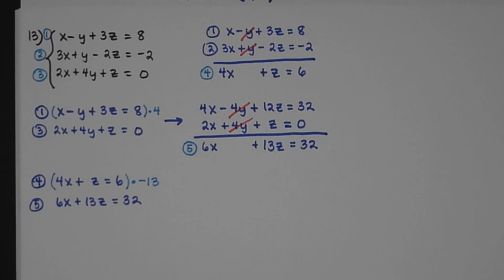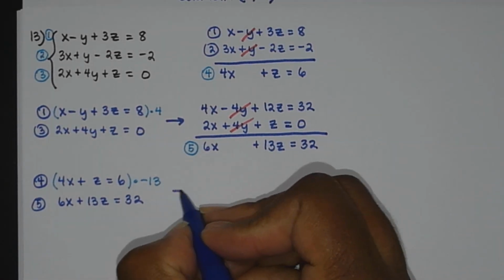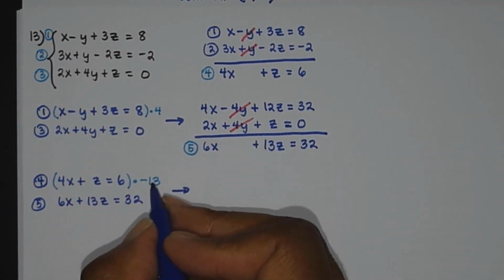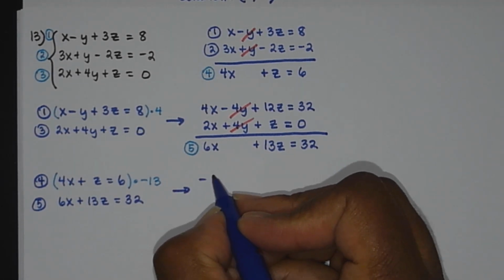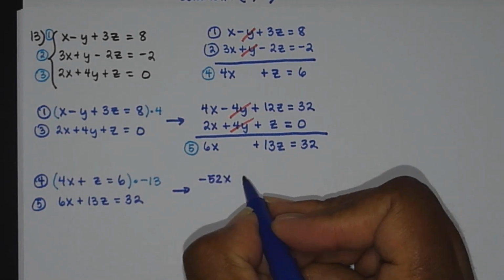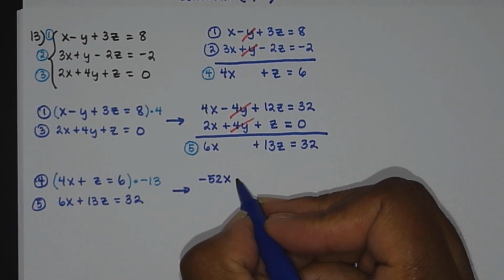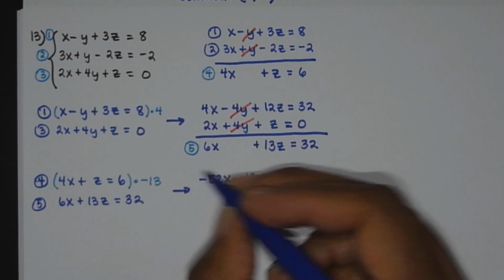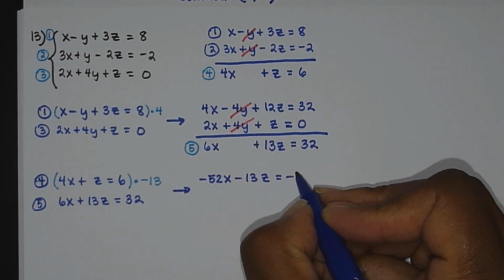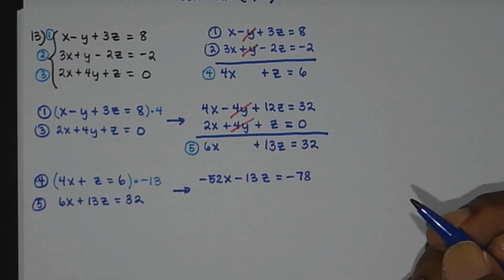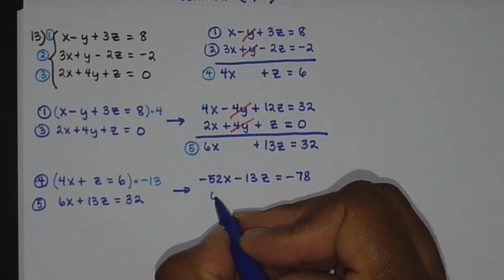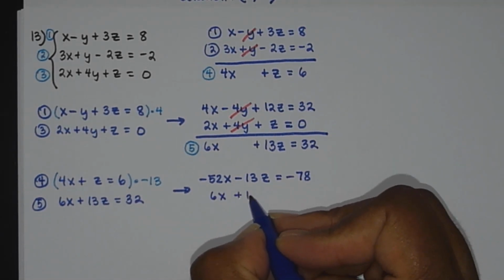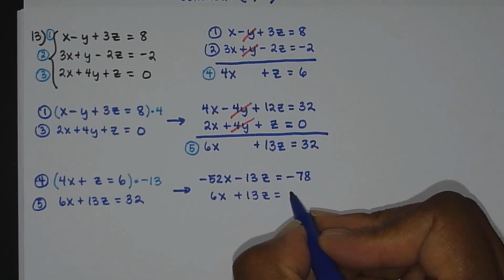One has to be negative, the other one has to be positive. So I multiply equation 4 by negative 13. And when I do that, here's what I'm going to have. 4x times negative 13 would be negative 52x. The plus z times the negative 13 would be minus 13z equals 6 times negative 13, negative 78. And then 6x plus 13z is equal to 32.